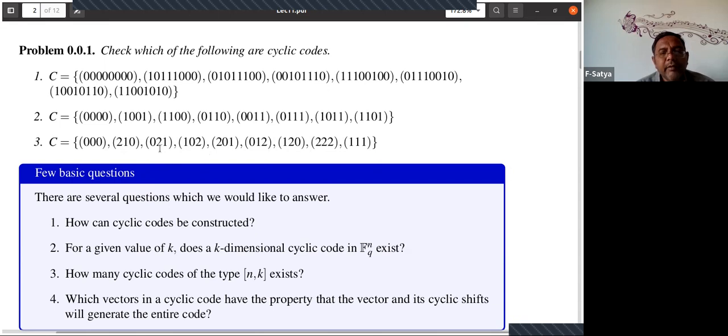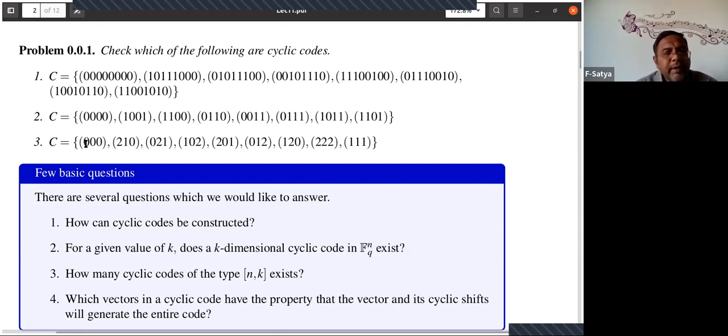If we add any of them, it should again be an element. And before that, how many elements are there? First check that. In total, there are F3 power 3 vectors, where F3 means 0, 1, 2.